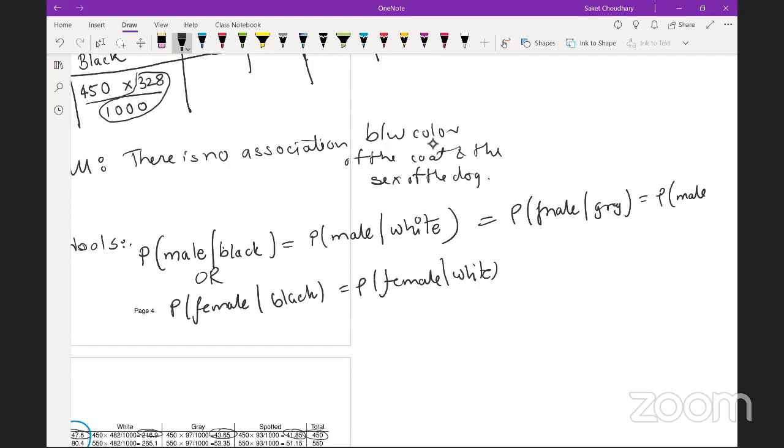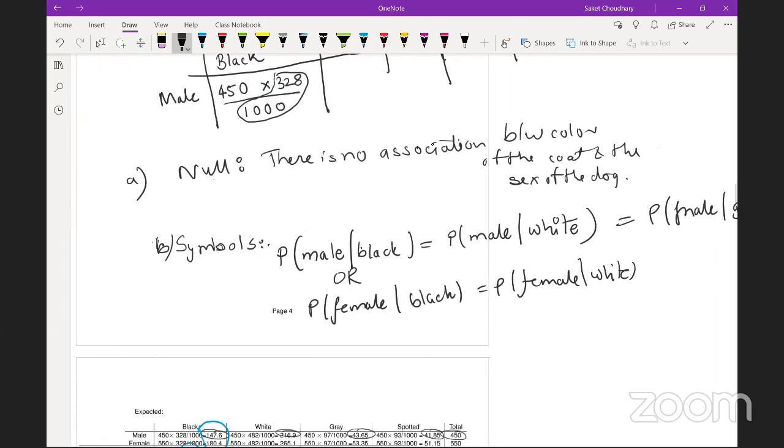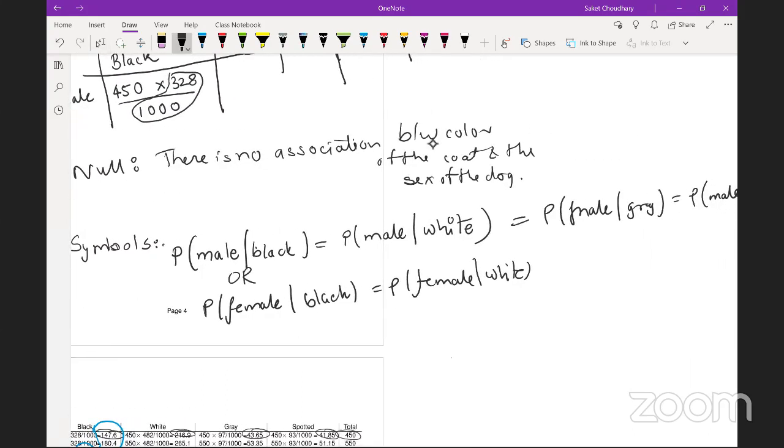So the probability that I get a male, given that the color is either black, white, gray, or spotted, is equal in all the 4 categories, right? Why is it equal? Or alternatively for the female.